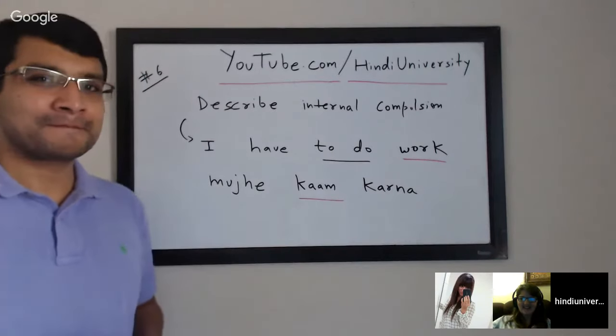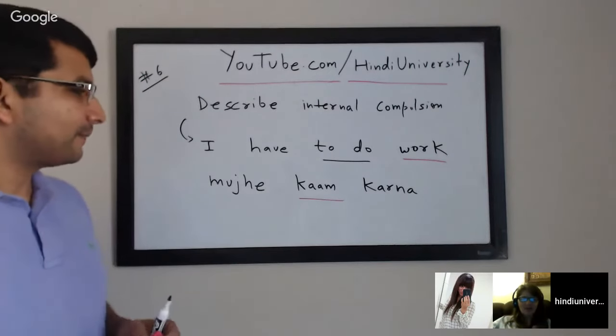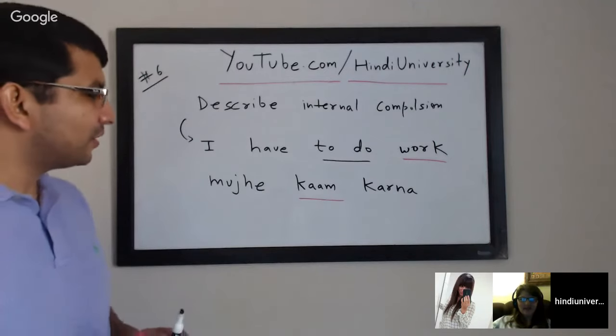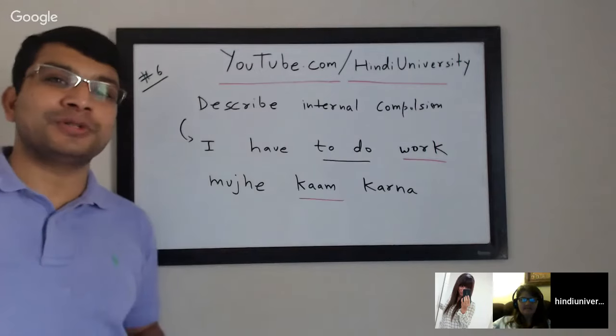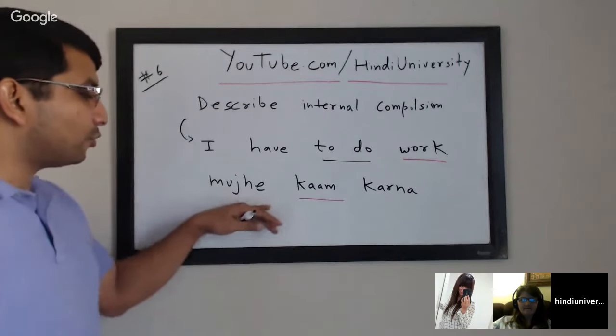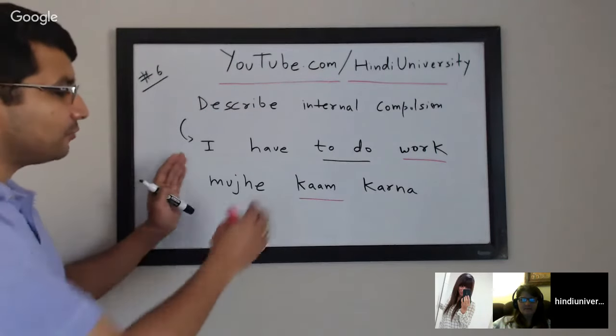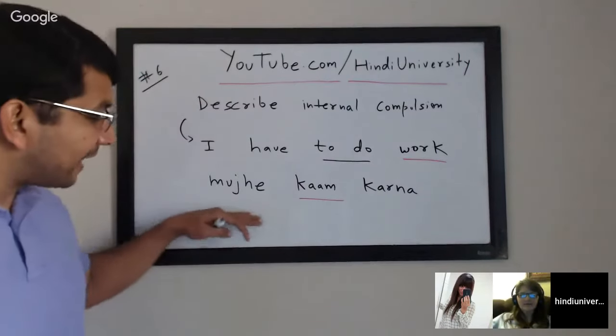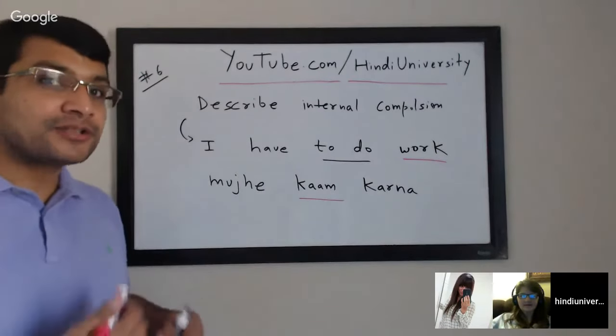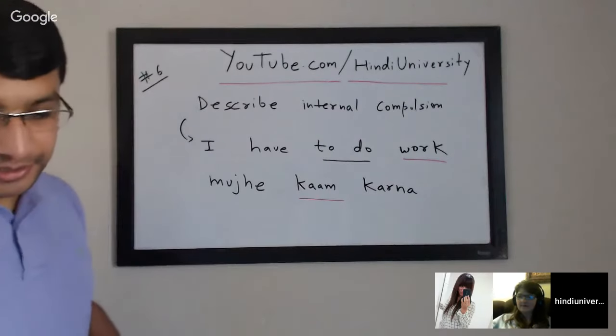That's the have to, the obligation. So that part is sort of covered in mujhe. I have to do this thing. Okay. So you don't really have to create a separate phrase for it. The fact that you have mujhe, it sort of covers it.